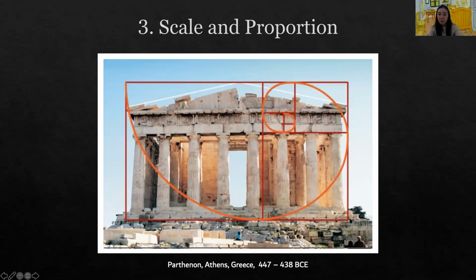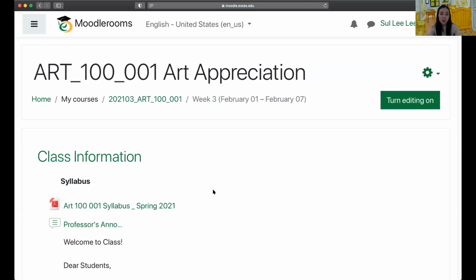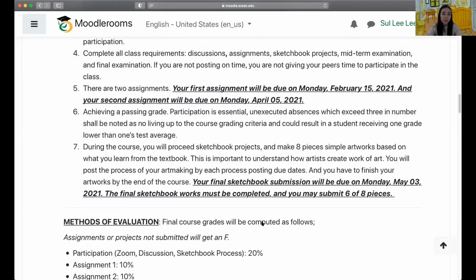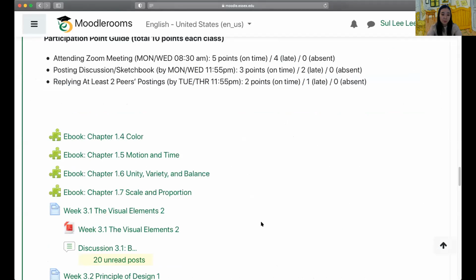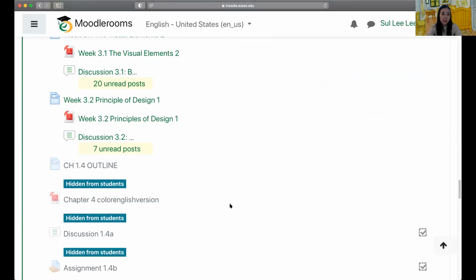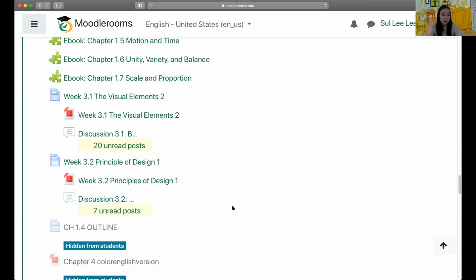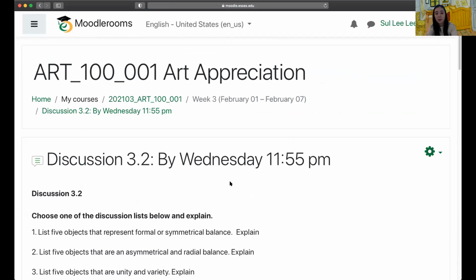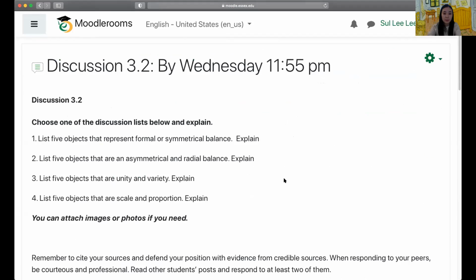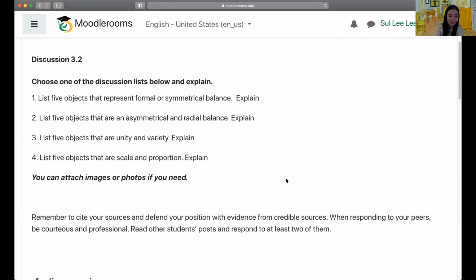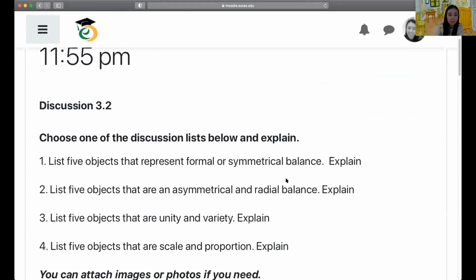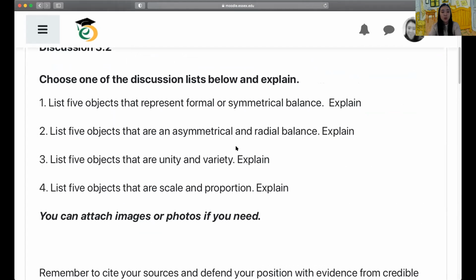And today we have a discussion related to balance. This is today's topic. Choose one of the discussion items below and explain.